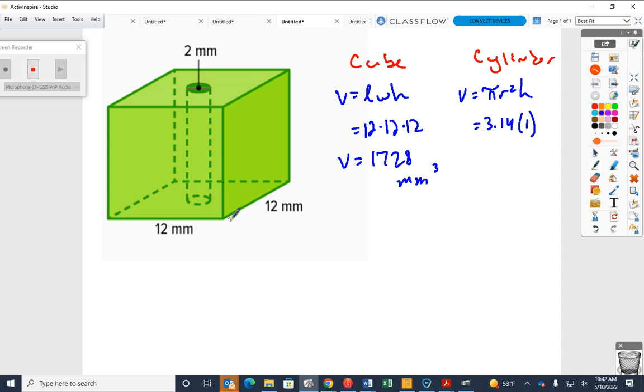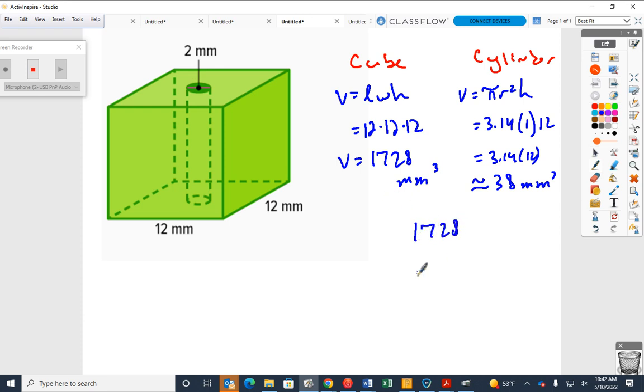Now what's the height? 12. Times 12. So if we multiply 3.14 times 12, what do we get? 37.68. So can we round that to what? Say about 38. So about 38 millimeters cubed. Now, just like I said, we're not going to add these together. What are we going to do with these? Subtract them.